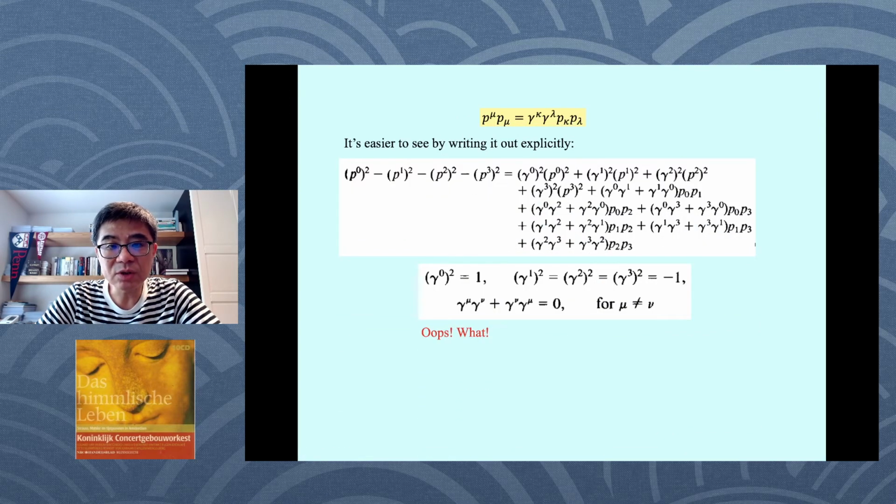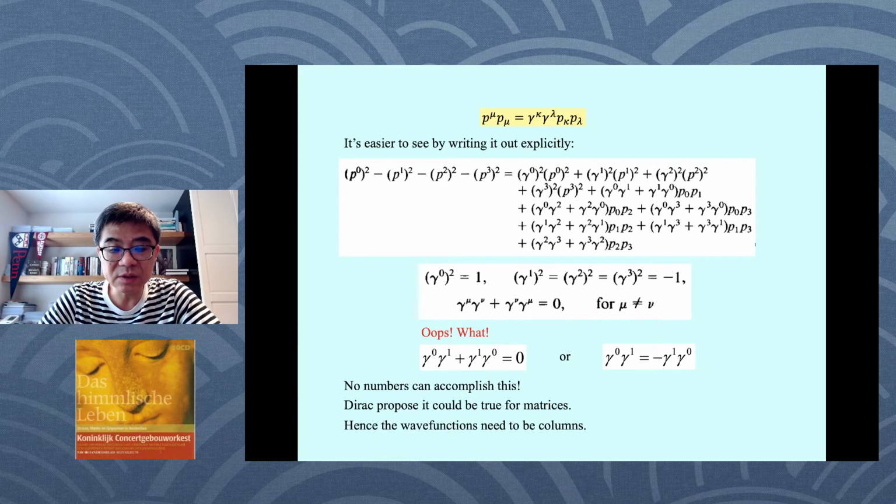If this relation should be written in matrices, that means the wave function needs to be a column instead of just a number function. That's a big jump. So the wave function we finally arrive at actually is a column instead of just a wave function like in the Schrödinger equation.